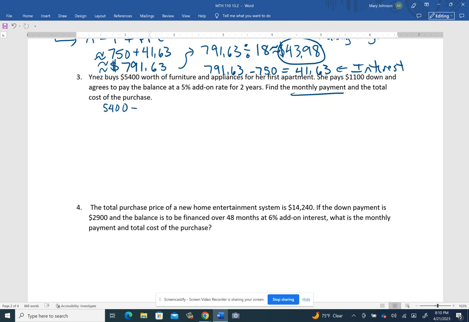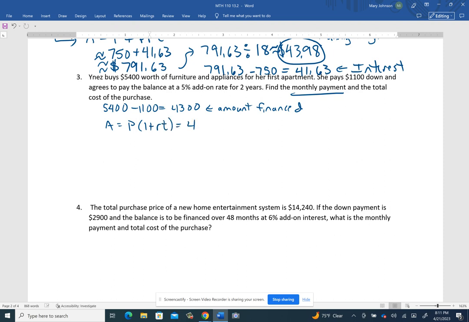All right, so first, let's take that $5,400. Let's subtract the $1,100 she's going to put down, because that's going to tell us the amount financed. Okay, so that's the amount financed. All right, so then what I'm going to do, if I need the monthly payment, is I'm either going to calculate the interest and then add it back to the 4,300, or I'm going to use this formula right here to get the total amount that I would need to repay.